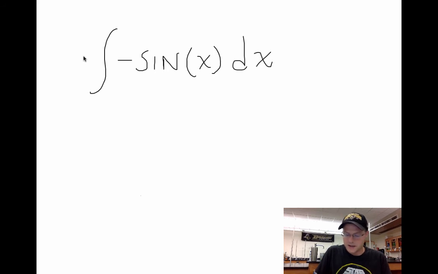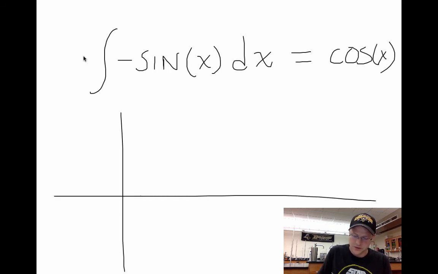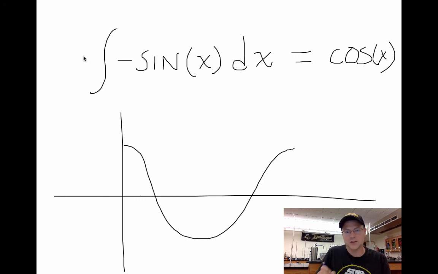Negative sine x dx ends up turning into cosine of x. And if we want to prove that, let's draw a cosine graph. Cosine graph starts like this. Starts off at positive 1, goes to 0, negative 1, back up. And the derivative of that should be 0, negative, 0, positive, 0.